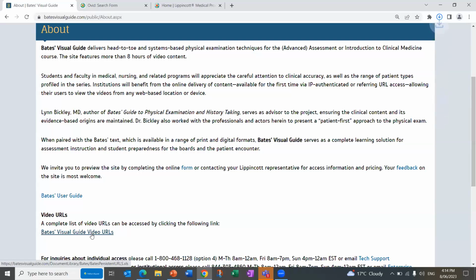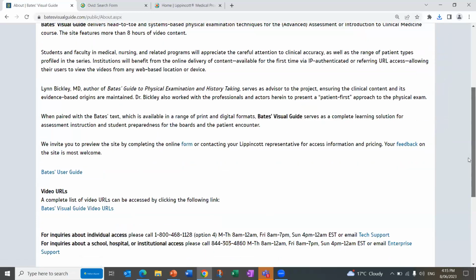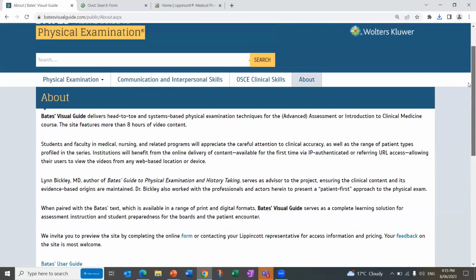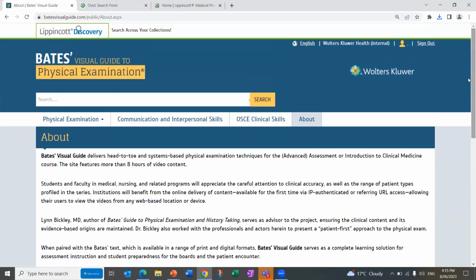And as a part of that, on this screen, we're able to see these individual URLs that are available to me behind this link. And what these will show me is information about how I can link into the elements within this particular product.